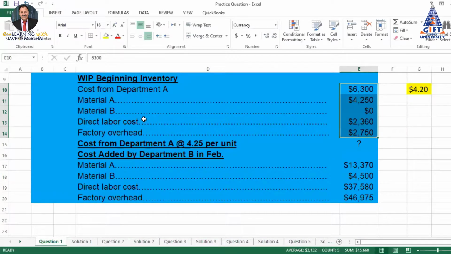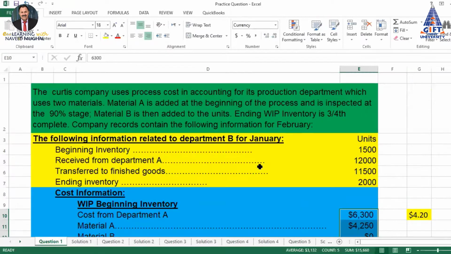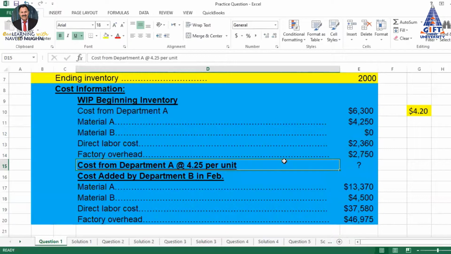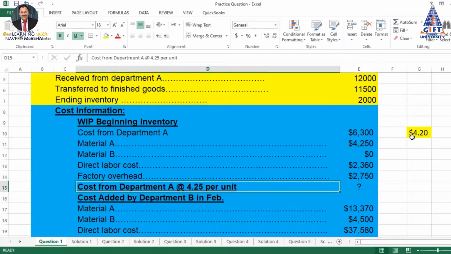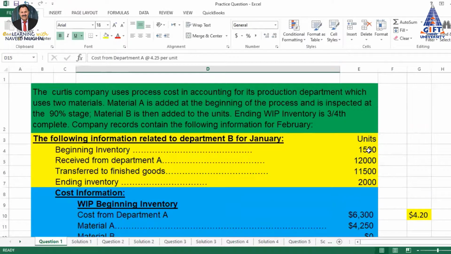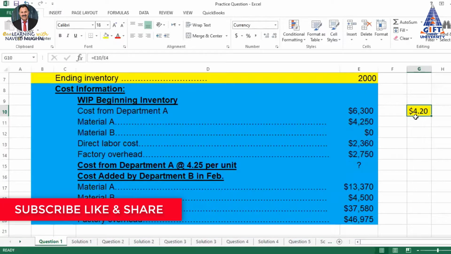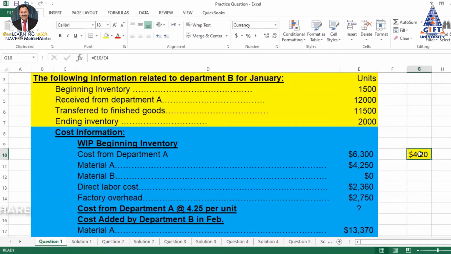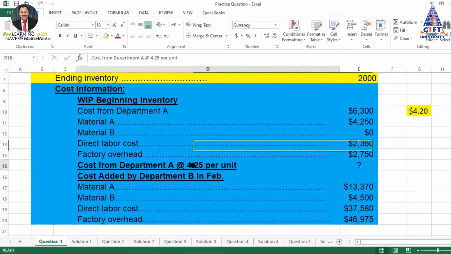These were the costs of beginning inventory, and some costs are added during this period. In this period, we received 12,000 units, bearing a cost per unit of 4.25. In the last period, we received units at a cost of 4.20 per unit, that is 6,300 divided by 1500. It means the previous period cost was 4.2, and this period cost is 4.25.